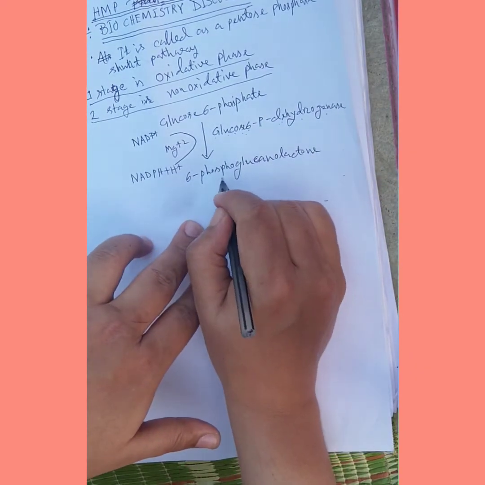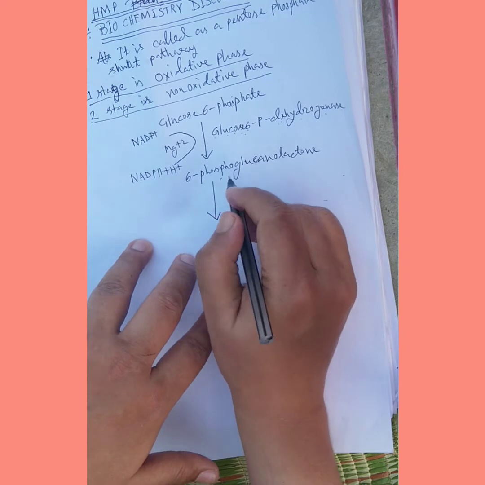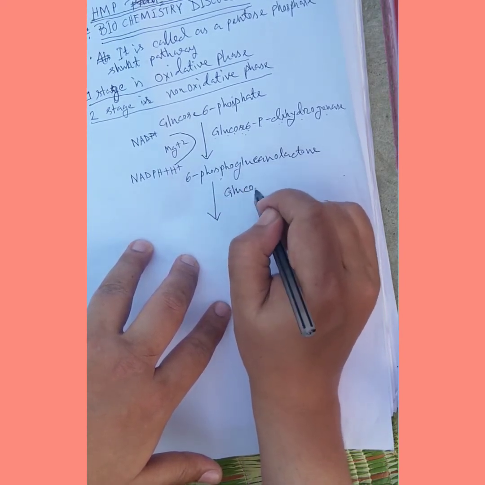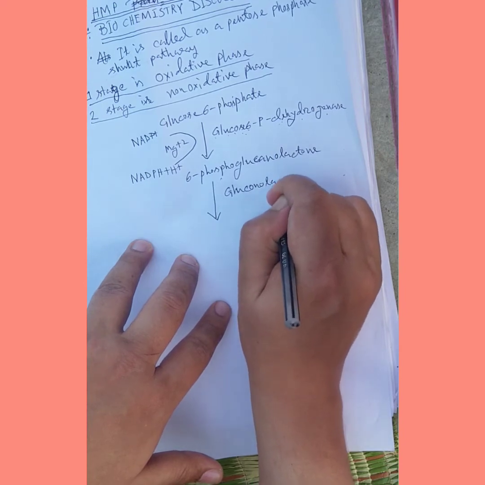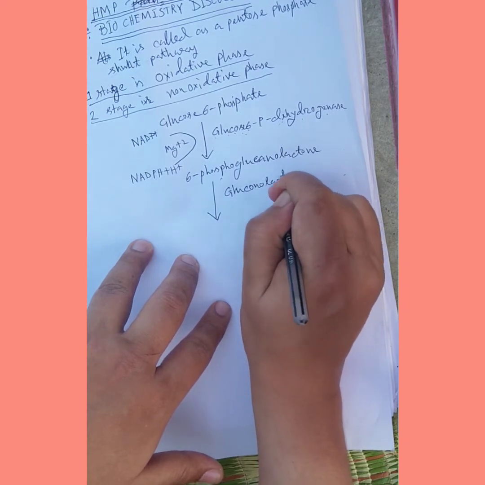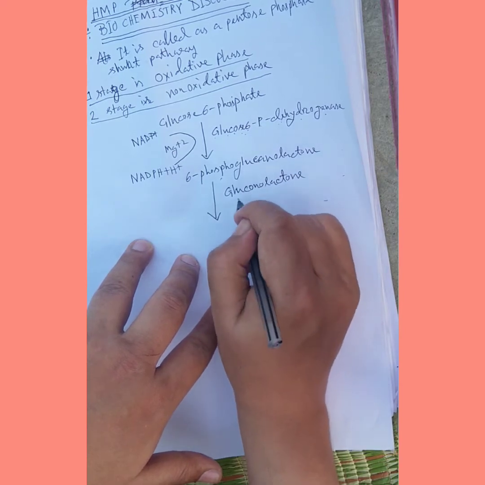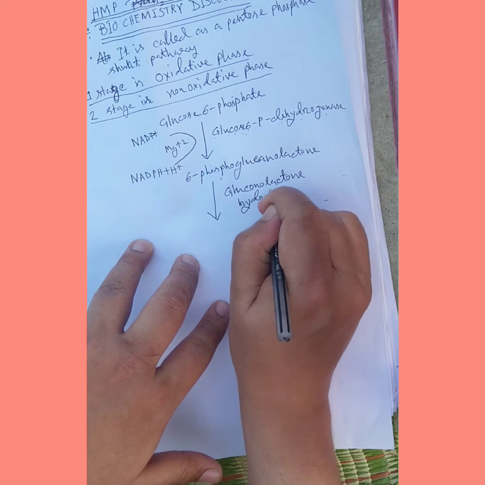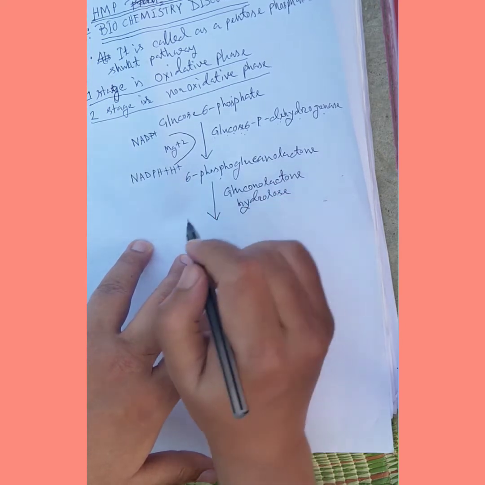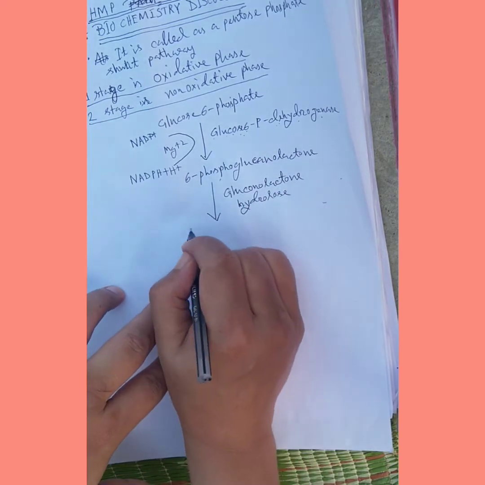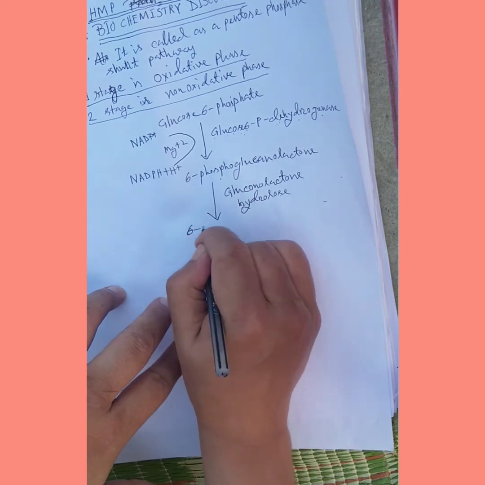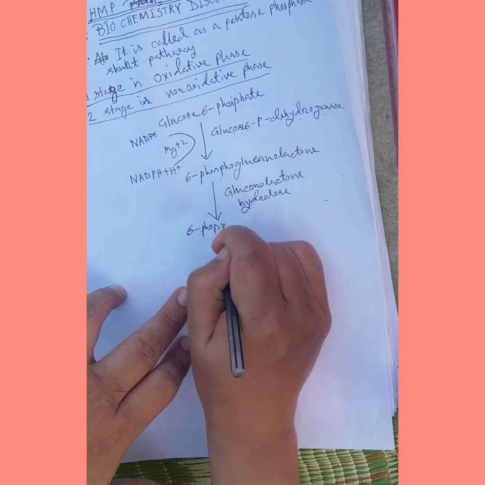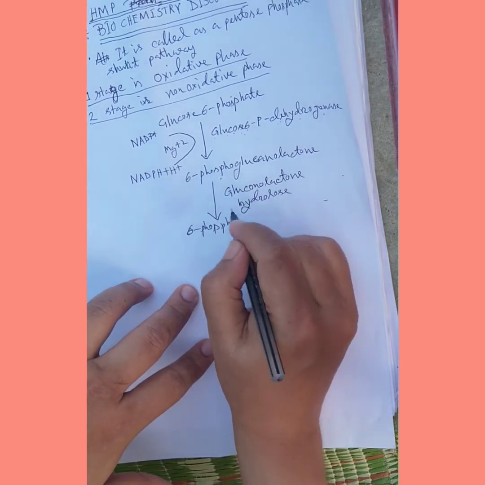After that, with the help of the enzyme gluconolactone hydrolase, we get 6-phosphogluconate.